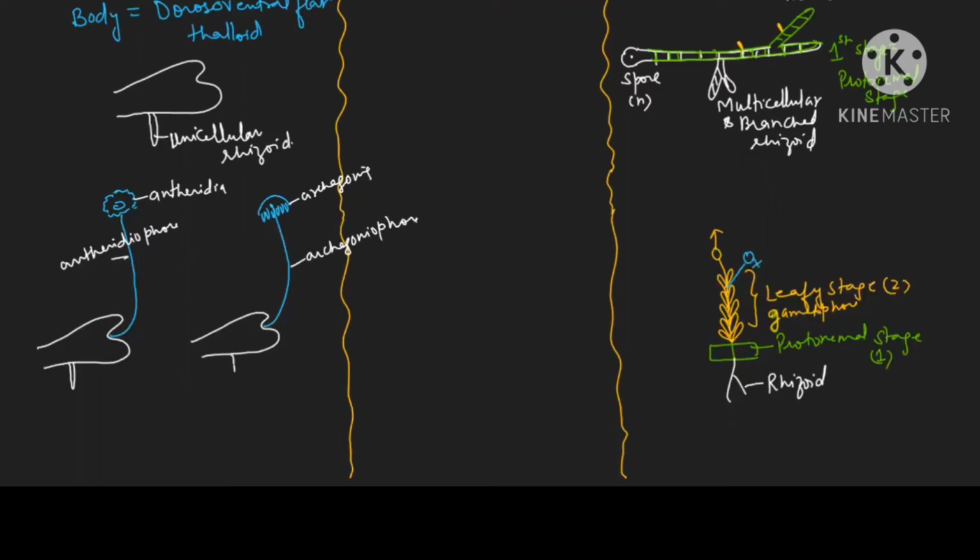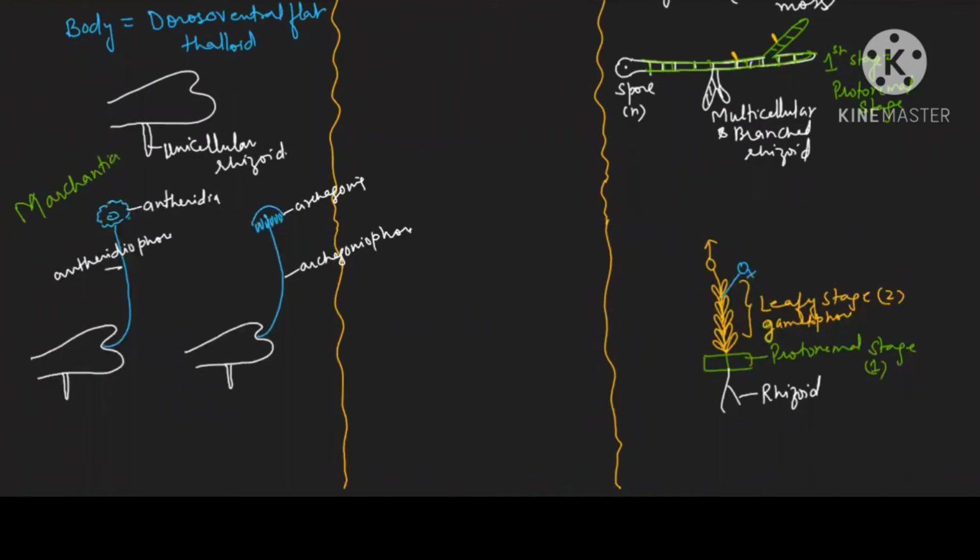And this is your rhizoid. So in case of Marchantia, which is the example we are taking here, two different thalli are there. One is male thallus, one is female thallus. This is your male thallus, and this is the female thallus.